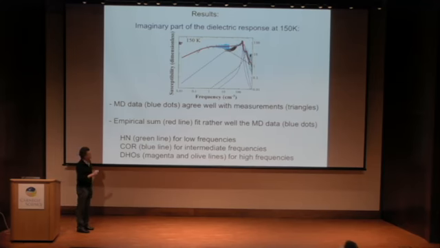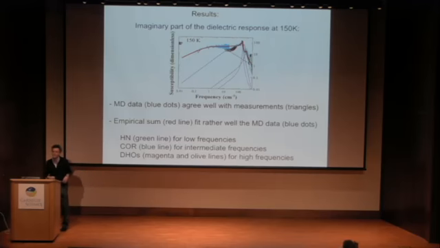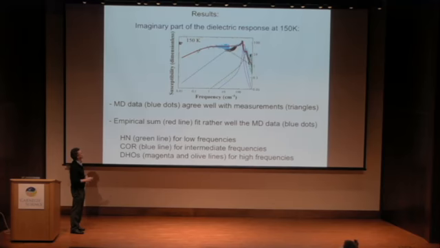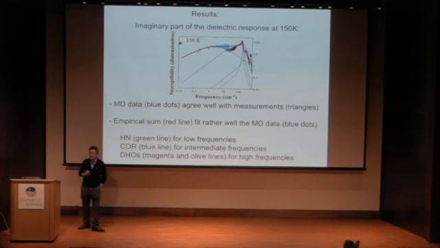And the agreement between this blue MD data and the experiment is not bad at all, especially since this spectra depends tremendously on temperature. If you move the temperature a little bit, the spectra changes dramatically, and you can see it's not a bad agreement at all, except you have to be careful at low frequency, where you cannot mimic the experiment well, as you are too low for MD data.